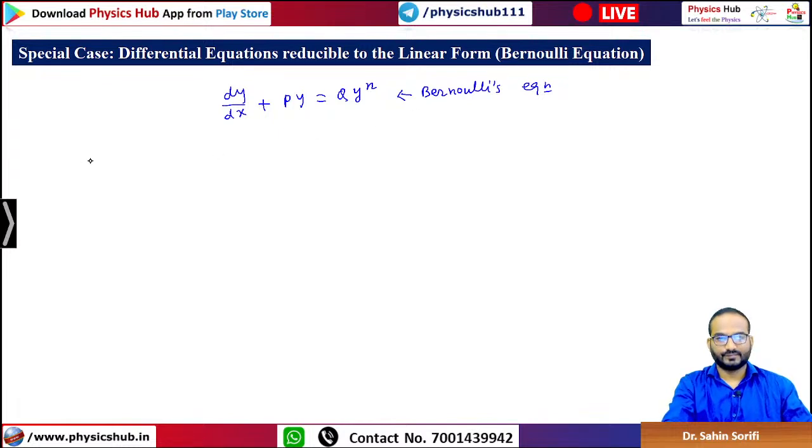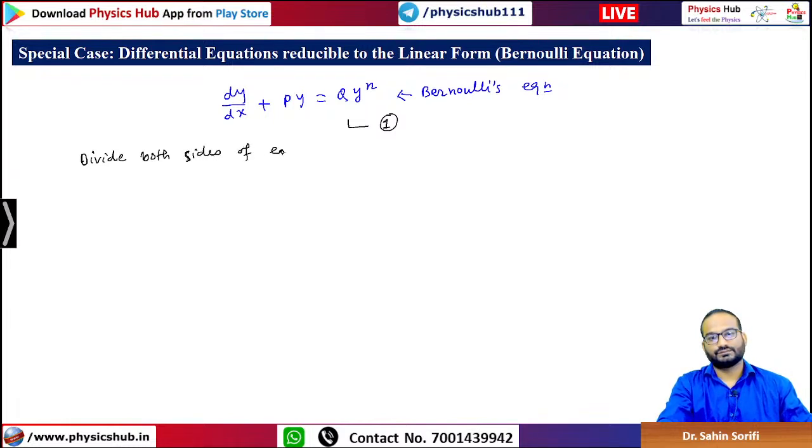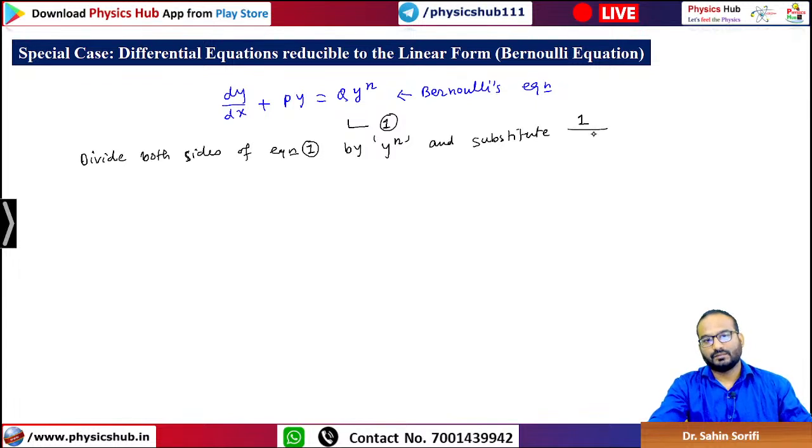Okay, let's say this is equation number 1. Divide both sides of equation 1 by y to the power n and substitute 1 by y to the power n minus 1 equals to z.